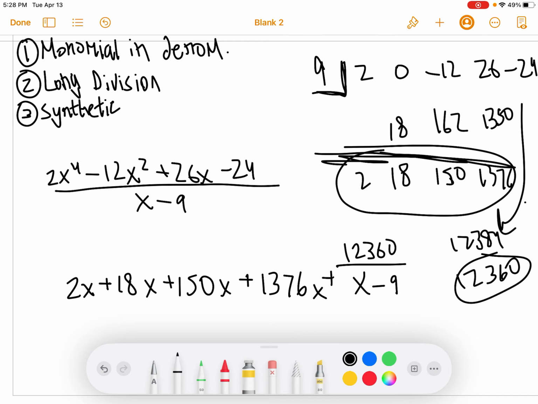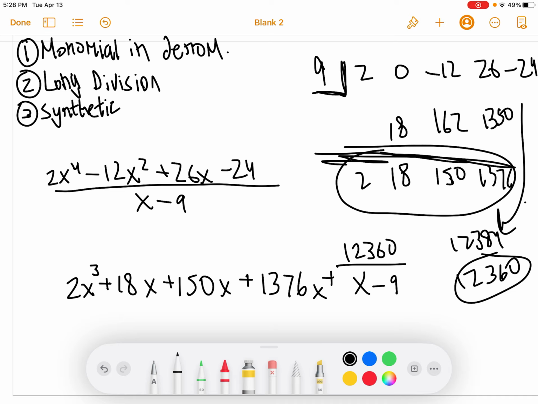So 1 less than 4 is 3. 1 less than 2 is 1, so nothing. 1 less than... Wait a second. Oh, I might have done something wrong yet again. Hang on, I have to look at something here real quick. Might want to skip the video for a second.